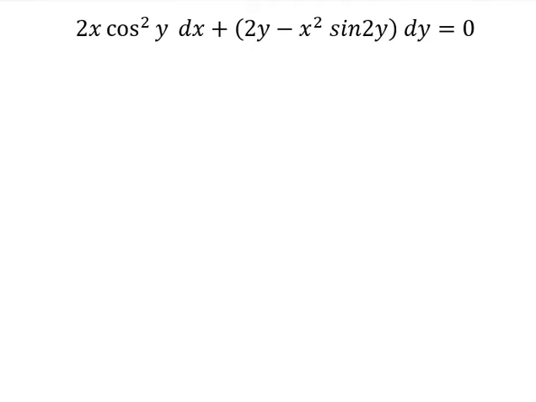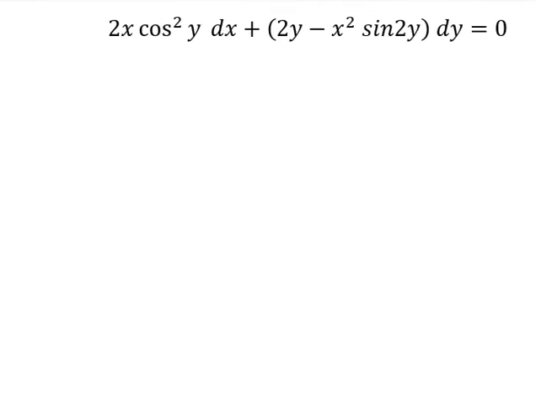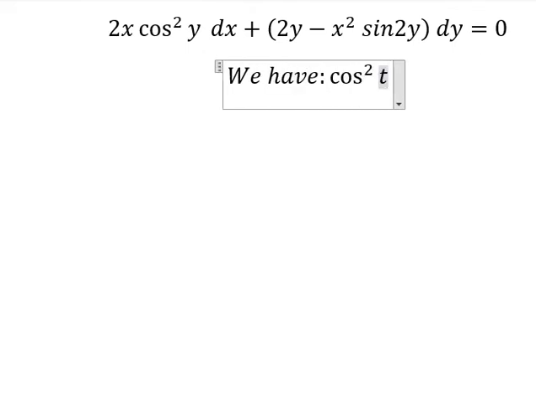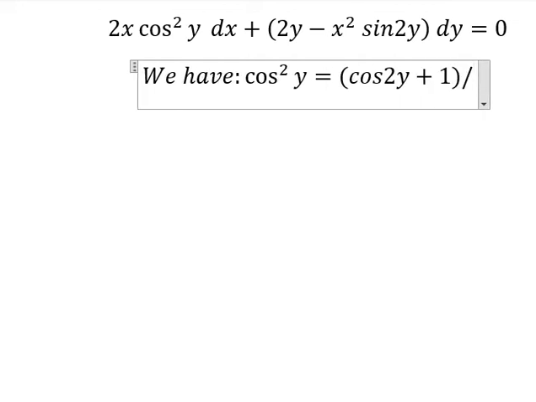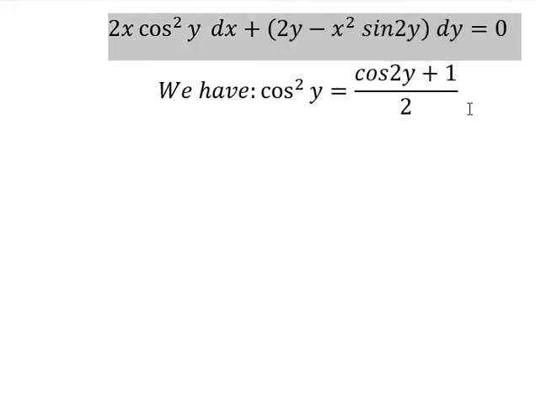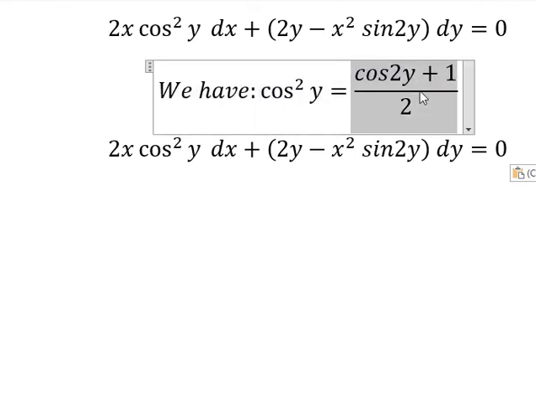So now I will show you how to answer. We have the formula in here. Cosine y squared equals cosine 2y plus 1 over number 2. Now we need to change this one into this one.